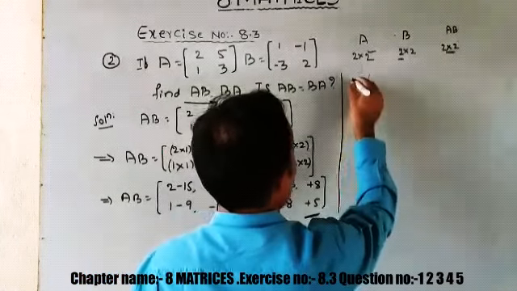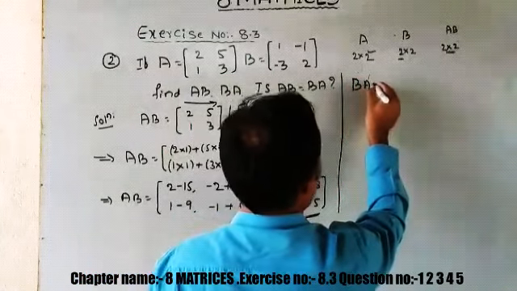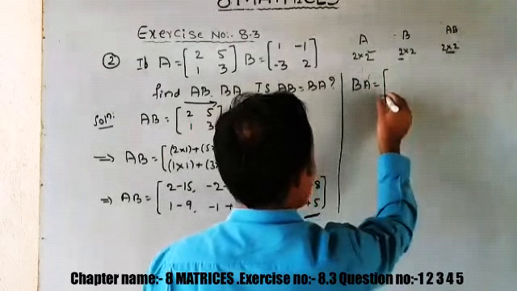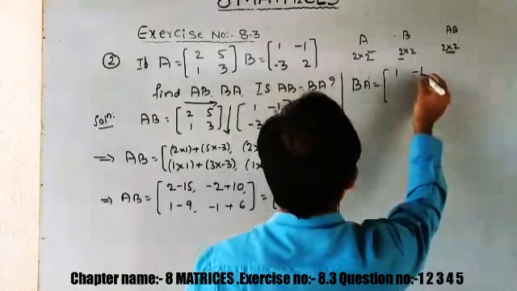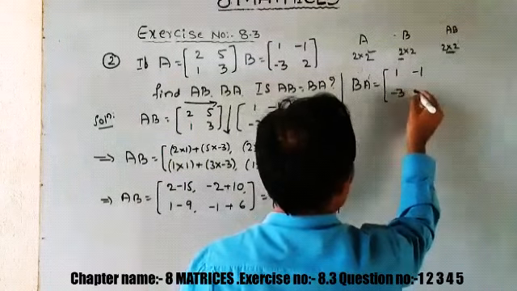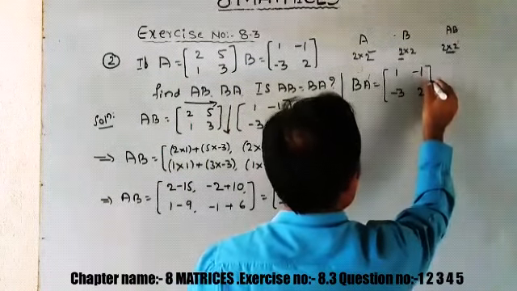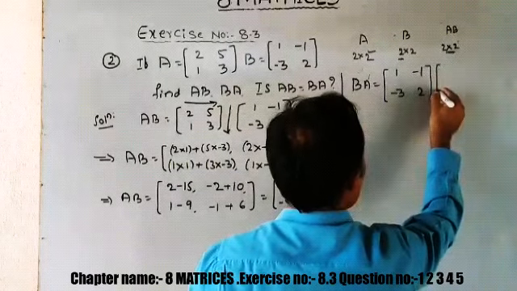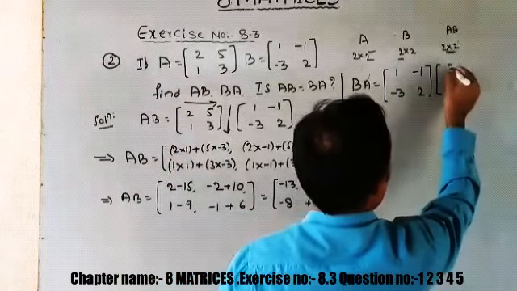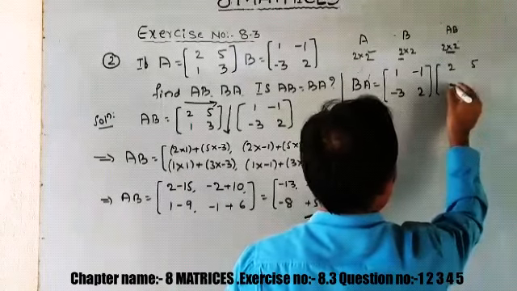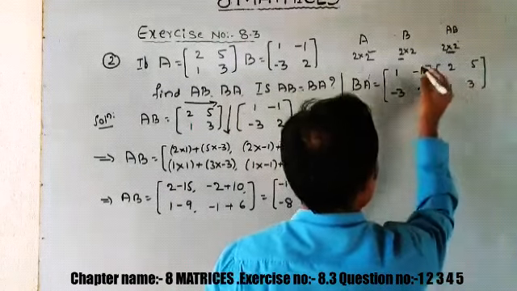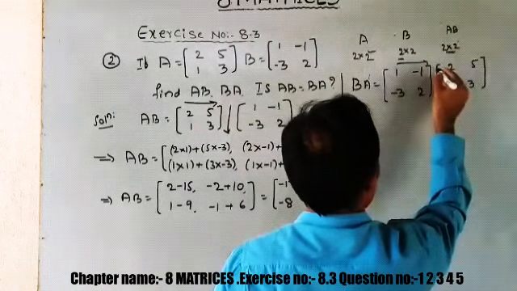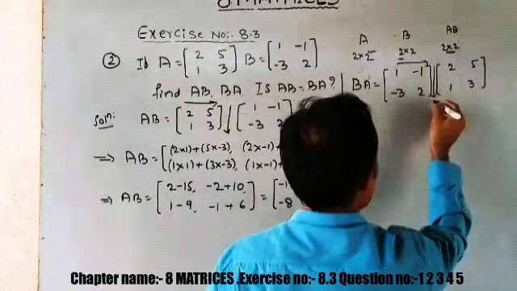So BA means you have to write first matrix B, next matrix A. 1 minus 1 minus 3 2 into A, 2 5 1 3. Arrow mark here, downwards.